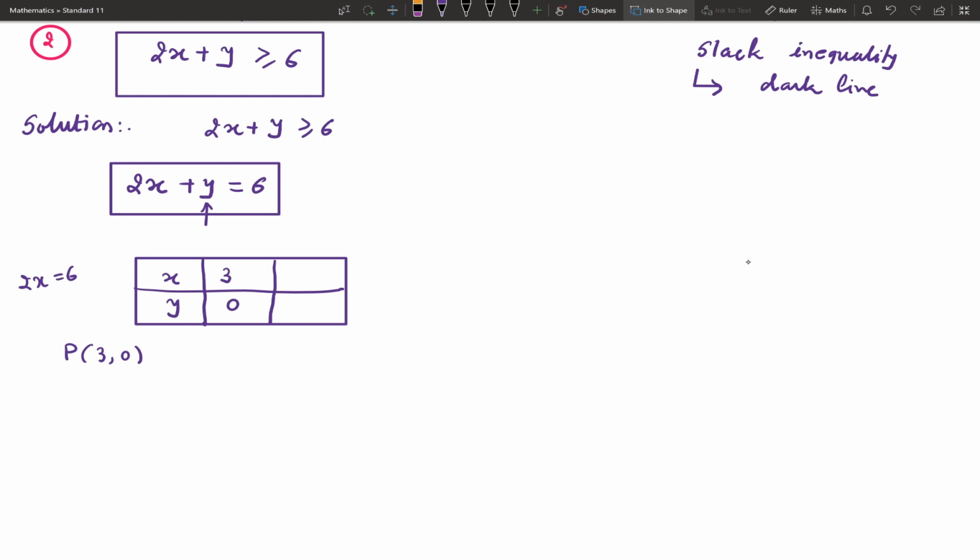Any point which lies on the y-axis has x coordinate 0. So in the equation, if we take x equal to 0, we will get y equal to 6. So another point is Q, 0, 6. So by these two distinct points, we are able to draw the straight line.